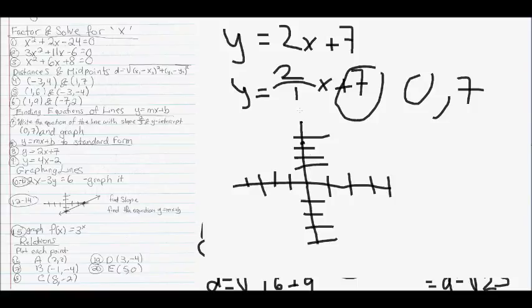Our 7 is this. So our x is 0 and our 7 is somewhere over here. Then our slope is 2 over 1, so we go up 2 and over 1 this way, or down 2 and over 1.